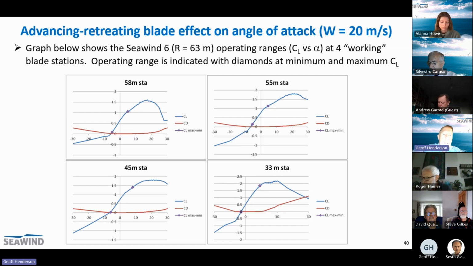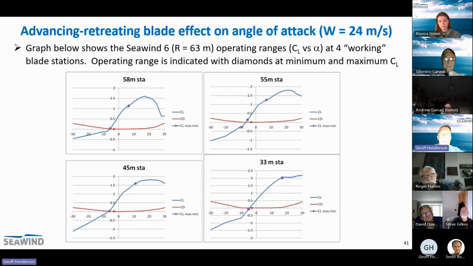So the maximum will be the blade vertical retreating, and the minimum will be the blade vertical advancing, of the top blade and the bottom blade respectively. And you can see the figures for the other four stations, 55 meters, 45 and 33 meters. So we're not getting close to stalling.